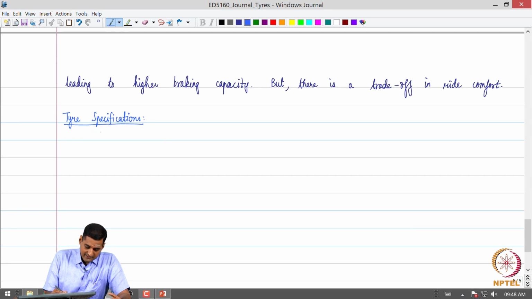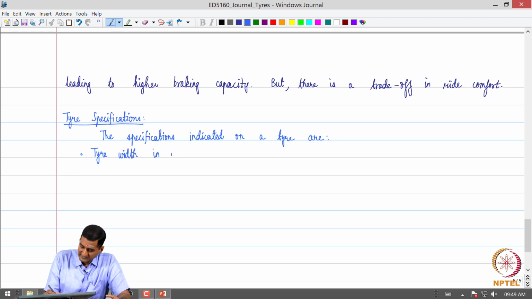Typically, the specifications indicated on a tire are: first, the tire width in mm, the aspect ratio in percentage, and then information on whether it is radial or diagonal ply.